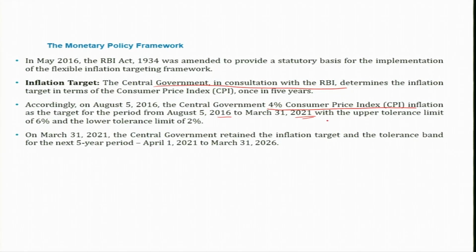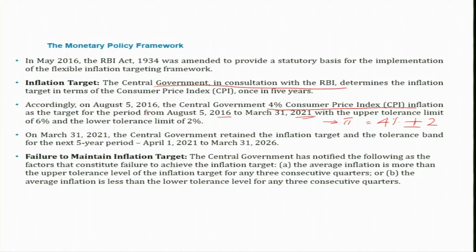That means the inflation target is equal to 4%, using the consumer price index, with upper and lower tolerance limits of 2. That means the minimum it can go is 2% and the maximum it can go is 6%, and this is the mandate given to the RBI by the central government.